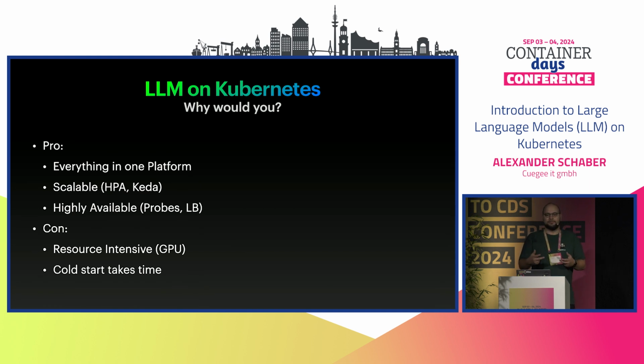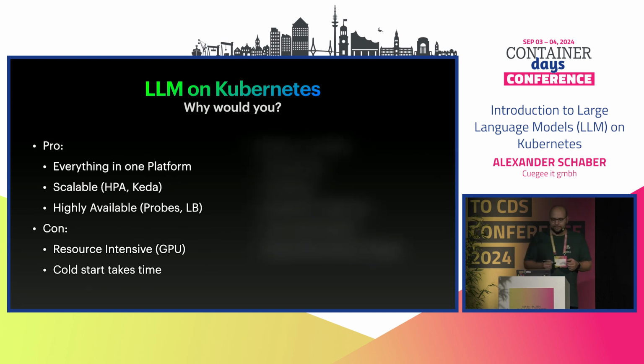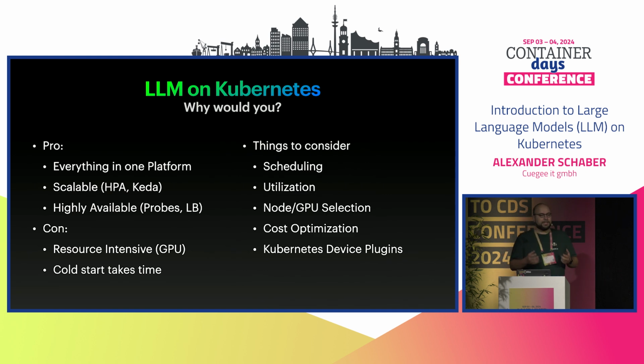That's why it took nearly no time. The download, obviously, depending on your internet connection, takes some time, and then the running takes about, depending again on the model size, 30 seconds to start. So you really need to make sure that you account for that time if you run it on Kubernetes. And then there are other things you need to consider, like scheduling.